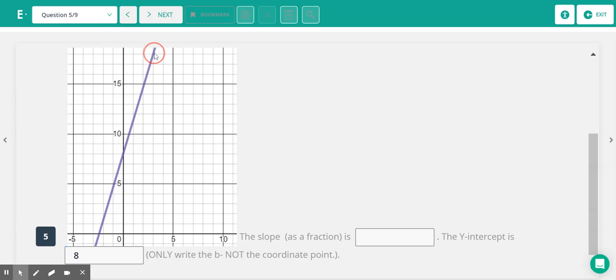So I'm going to use this one and this one. So I'm going to go up 1, 2, 3, 4, 5, 6, 7, 8, 9, 10 over 1, 2, 3. So it's going to be 10 over 3. Not the nicest of numbers, but so what? We got this.